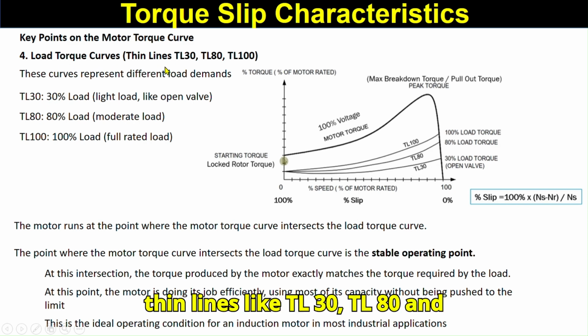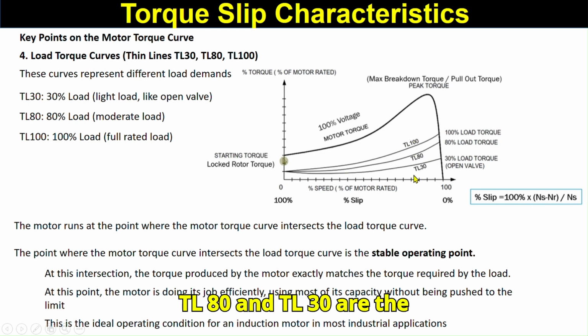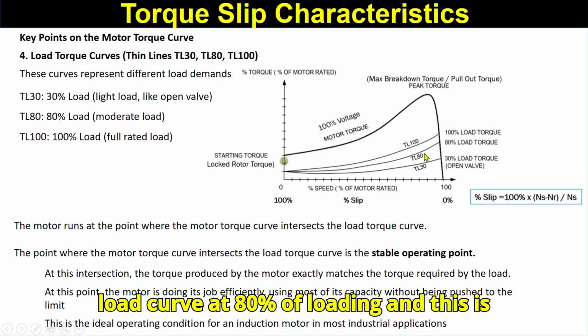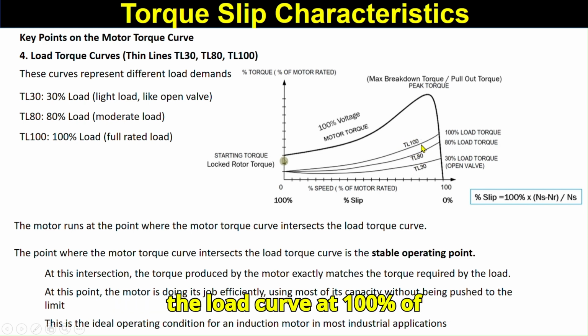Load curves: thin lines like TL30, TL80 and TL100. These lines TL100, TL80 and TL30 are the load curves. They are the load curve at 30% of loading, this is the load curve at 80% of loading, and this is the load curve at 100% of loading.